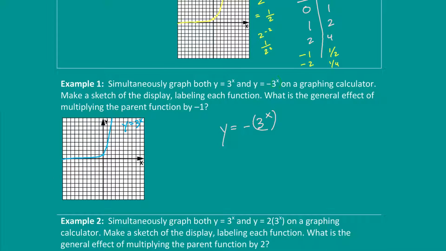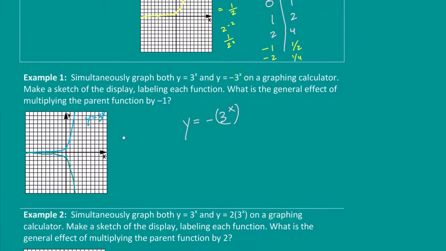So this guy is going to be, when x is 0, our y will equal negative 1, then negative 3, then negative 9. So it's the flip. And it gets closer and closer to the axis. It's just a flip of it.